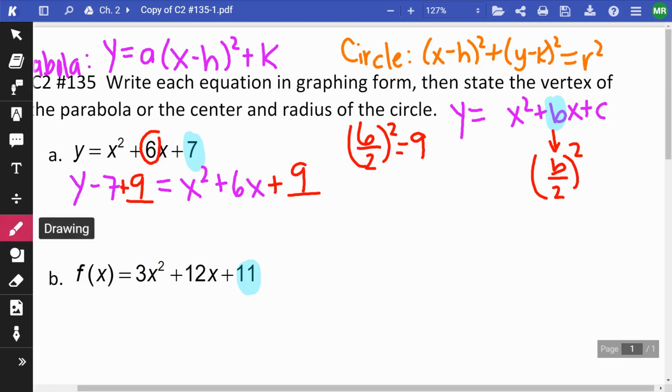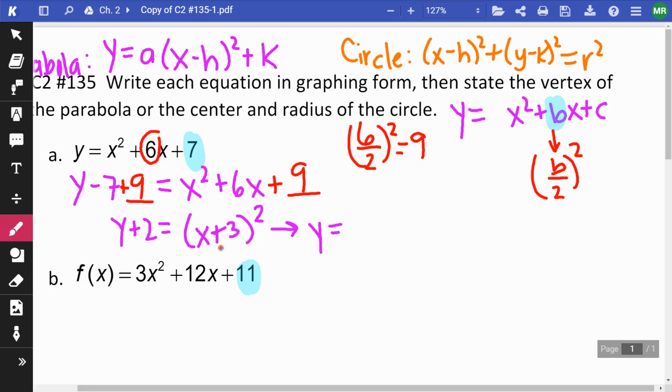And then when I clean this up, I'm going to have y plus 2 is equal to, and on the other side, I'm going to have something squared. It's going to be x, and it's going to be plus because of the plus here. And then to figure out what goes here, it's whatever half of your b was, so half of 6. So half of 6 was 3, and that's what's going to go here. And then my last step is I am going to subtract the 2.